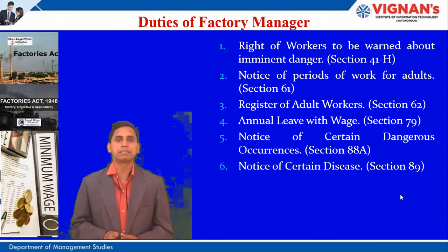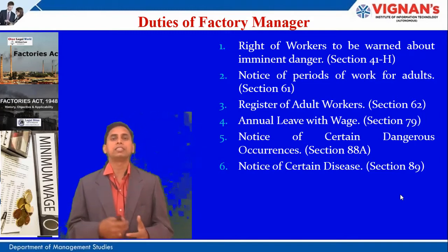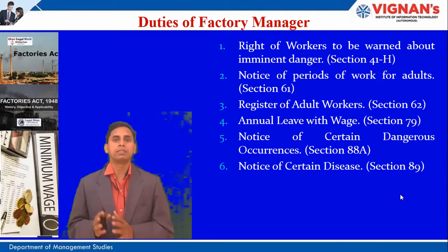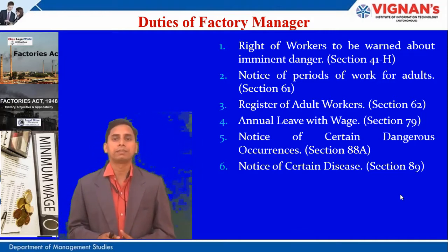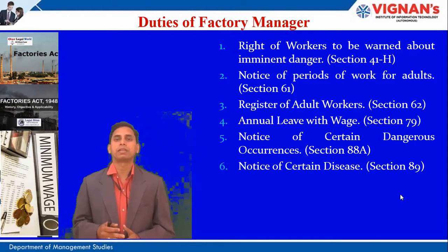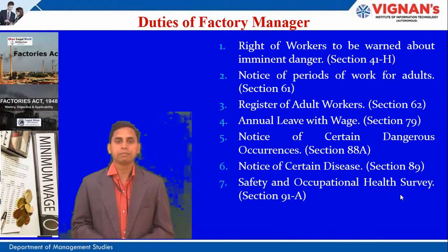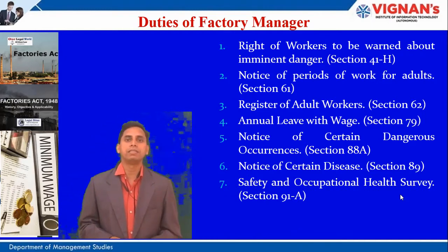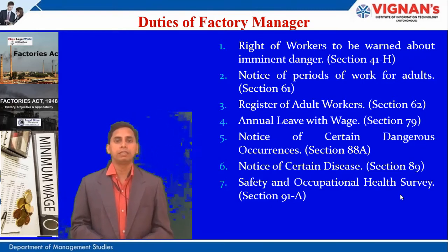Notice of certain diseases: in case any disease has affected any worker, it is the duty of the factory manager to understand what disease has affected the worker and make a notice about it. A safety and occupational health survey must also be conducted by the factory manager from time to time, as per section 91A.